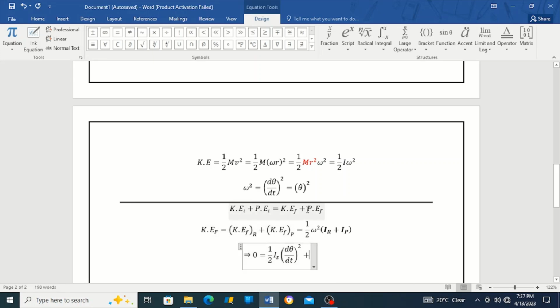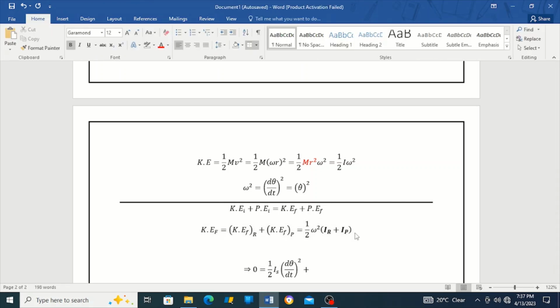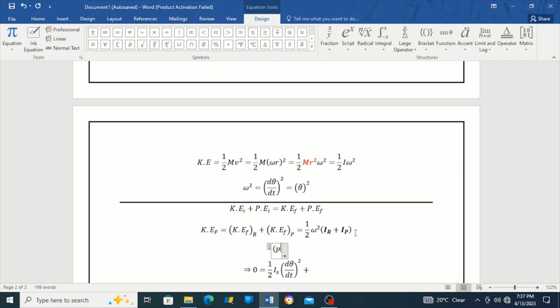Now what about the final potential energy of the system? The final potential energy of the system, PE final, is equal to the potential energy final for the rod plus the potential energy final for the particle.